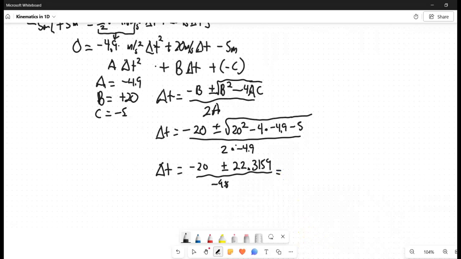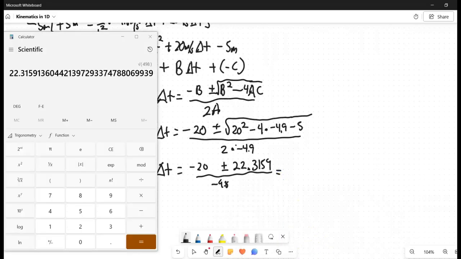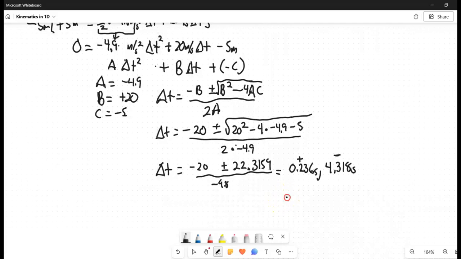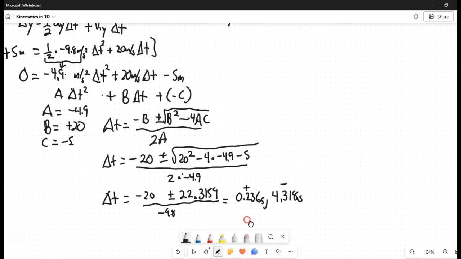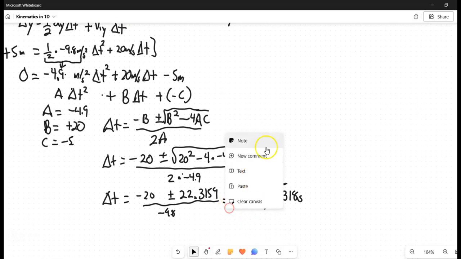So when we do this, we're going to get two solutions. We're going to subtract 20 from this. Okay, so hold on a second. I'm going to pull out the two solutions. So when I put this in the calculator, you get two solutions. You get a positive solution and you get a negative solution.